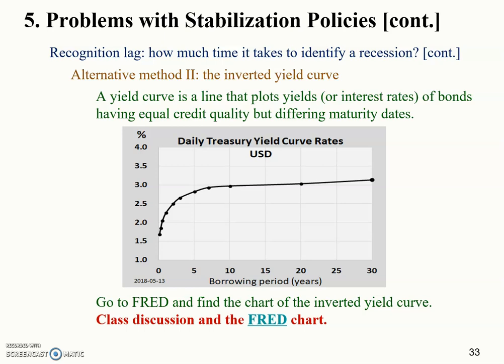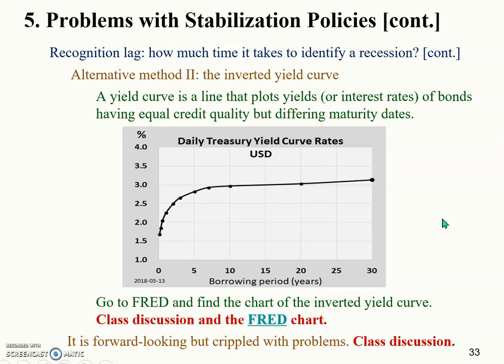Also, look at the historical recessions and see how accurate the yield curve is in predicting the upcoming recessions. Now bring your thoughts and observations to class. We're going to discuss that.